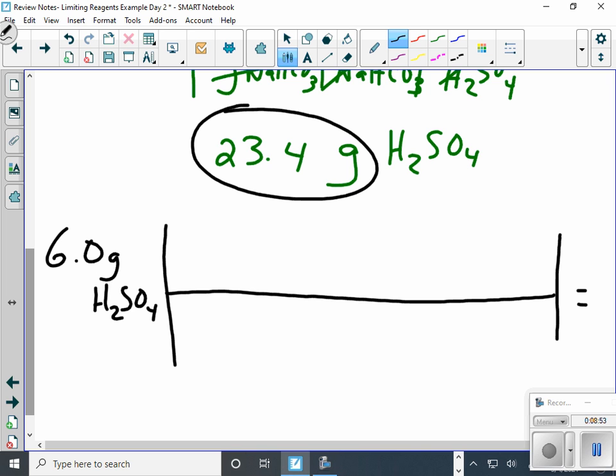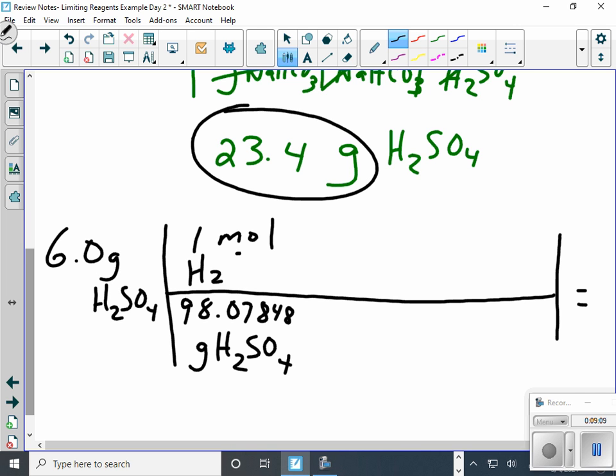As I do that, I knew from up above that this is 98.07848 grams of sulfuric acid. That's 1 mole of sulfuric acid. So my grams cancel.